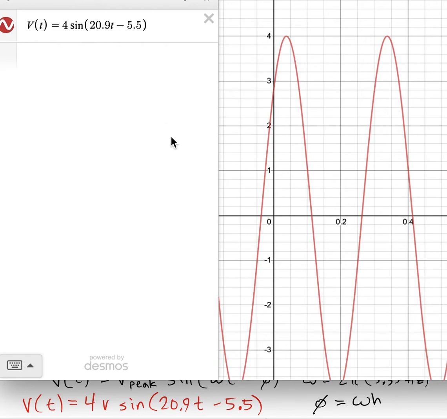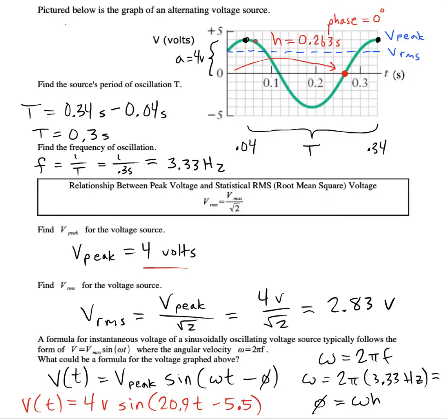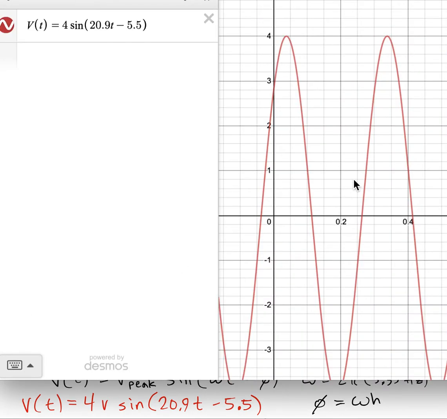All right, we're looking for a graph that has a height of 4. It starts off around 2.8. Yep. And it has a period of 0.3. Yeah, it looks like our period here is about 0.3, so it looks good.